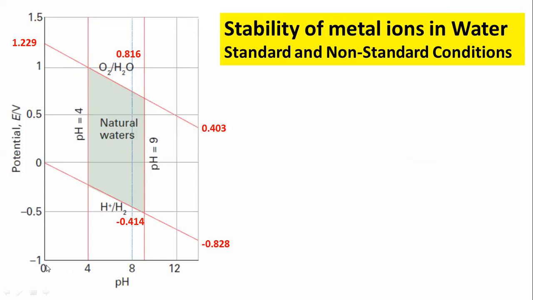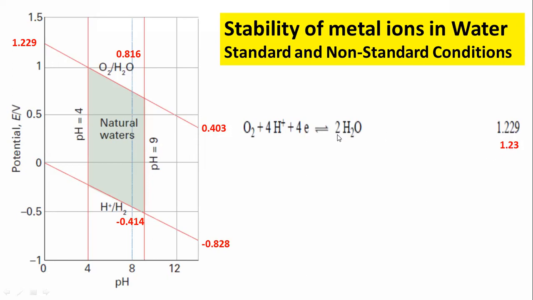So look at the value. When the pH is zero, at pH zero, the value is 1.229. So this is again 1.229, and maybe I will be using 1.23 just to round off this value.